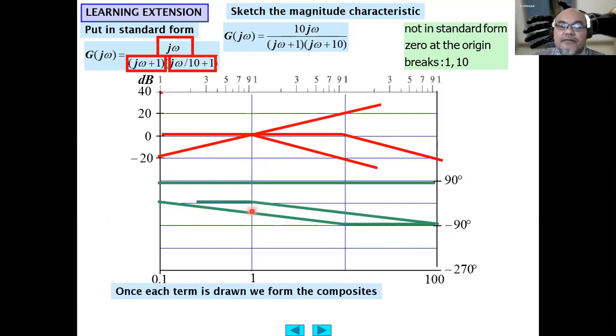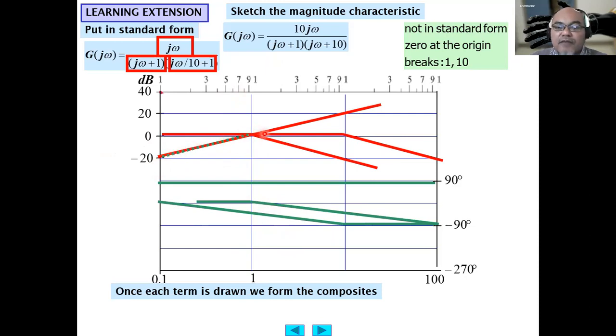Okay. So each term, we have drawn the magnitude characteristic and the phase characteristic, and we draw the composite. Between 0.1 and 1, this is 0 decibel, and it has only this increasing component, 20 decibel per decade.